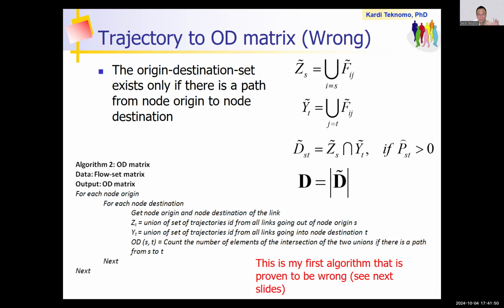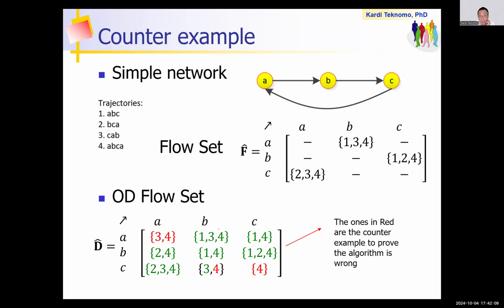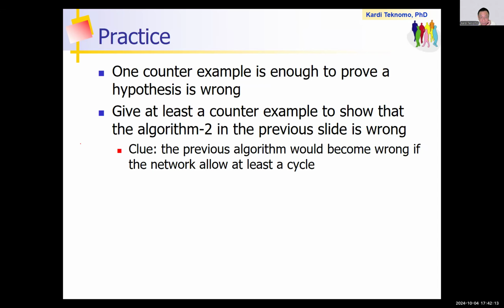When I created this first time, I created the algorithm, and it was my first or second algorithm, which is actually wrong. The correct one is actually this one. I can prove that this is wrong by setting a counterexample.